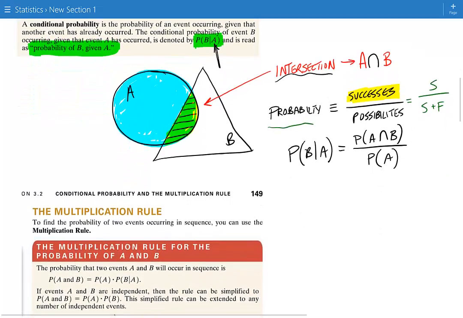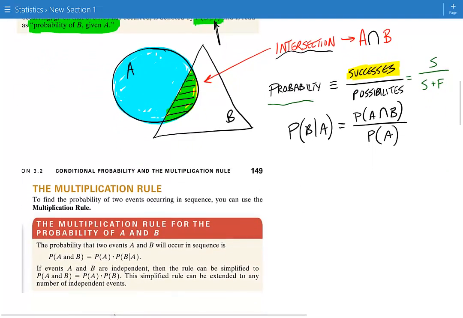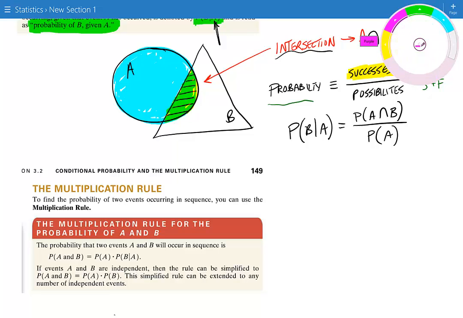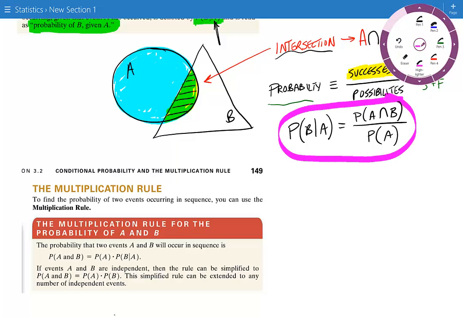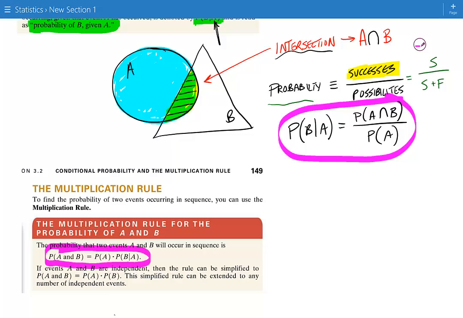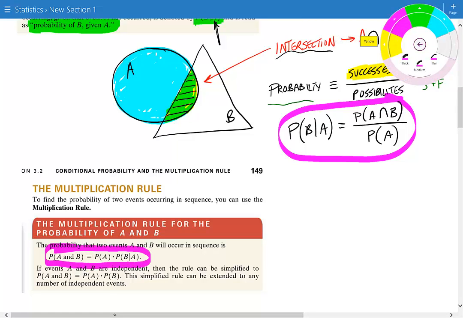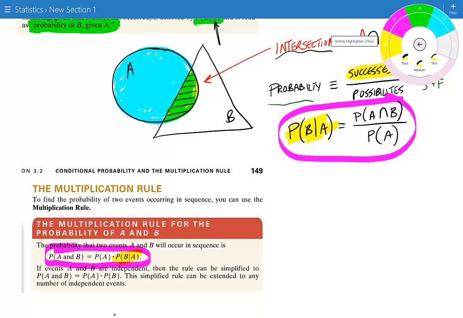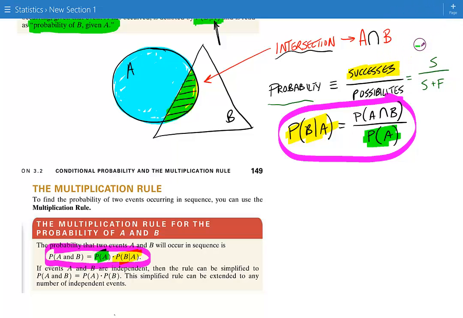Now, I bring this up because if you pay close attention to what's going on here, this formula has all of the features of that formula. We have the given probability. We have the conditional part.